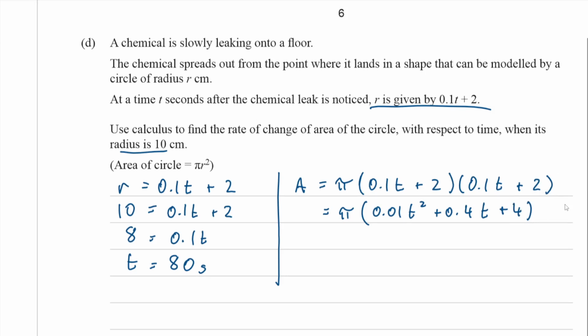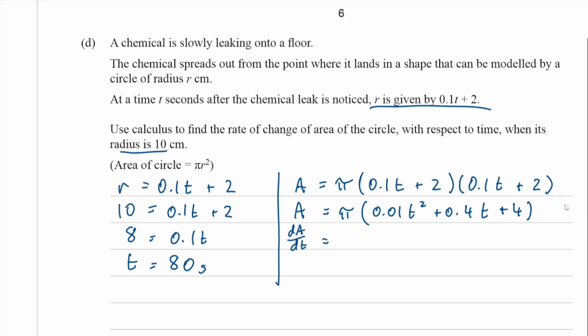So all we've done so far is use the area of a circle, pi times the radius squared, where the radius is 0.1t + 2, and we expanded it. From here, this tells us how the area changes with respect to time, or in terms of t. We can work out the derivative of the area with respect to time, or A prime.